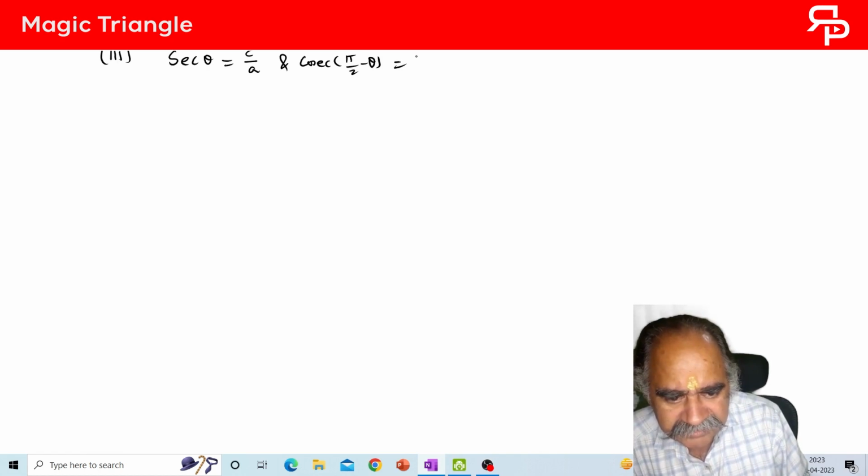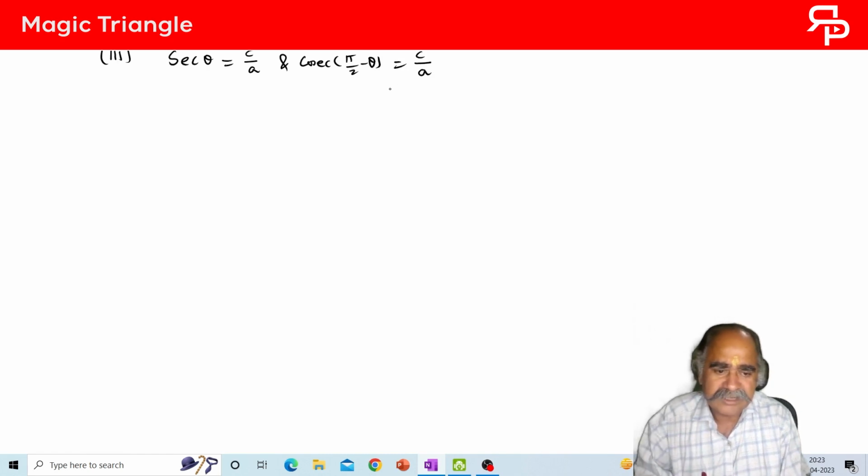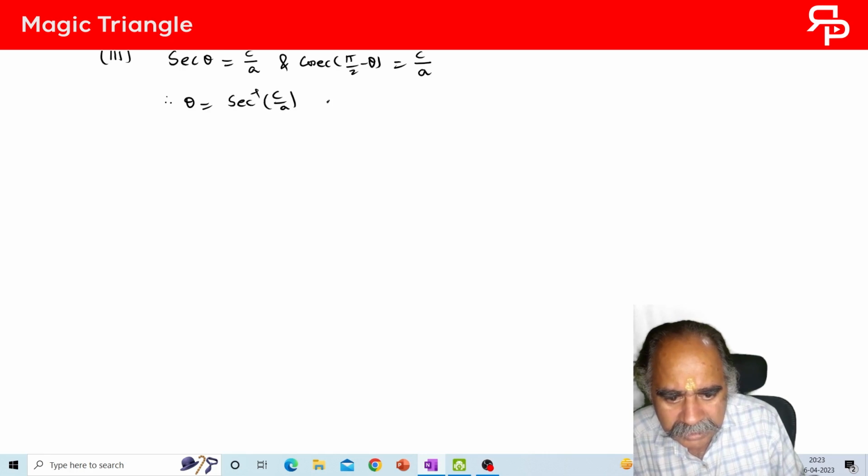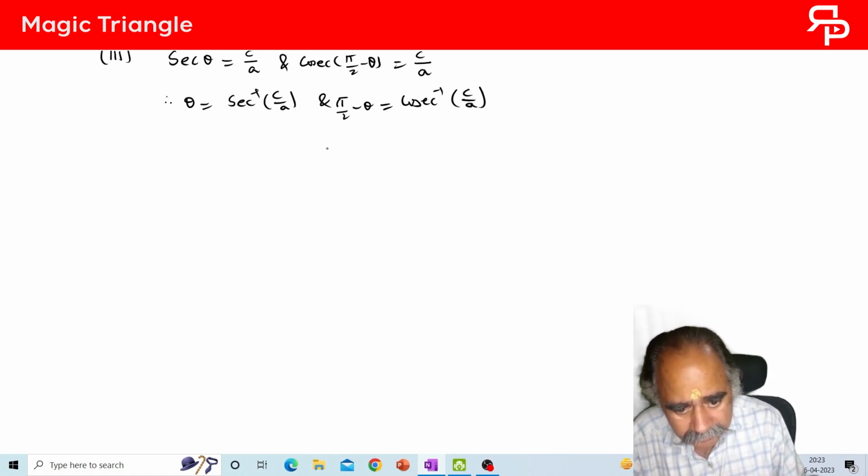It is again hypotenuse upon opposite. Opposite of pi by 2 minus theta is A. Therefore, theta is sec inverse C by A, and from here pi by 2 minus theta is cosec inverse C by A.